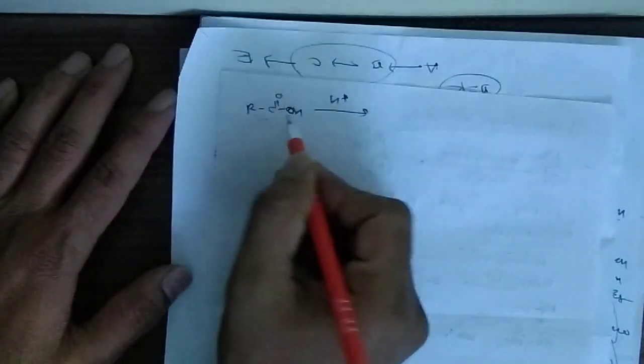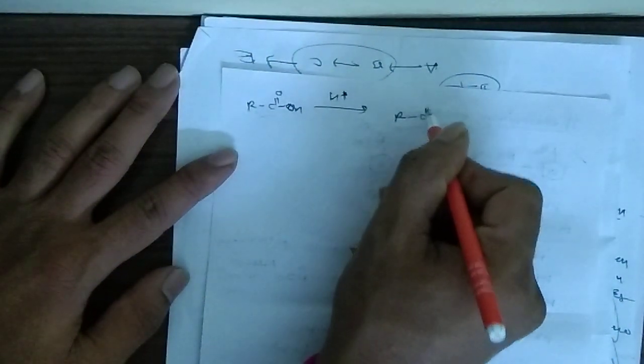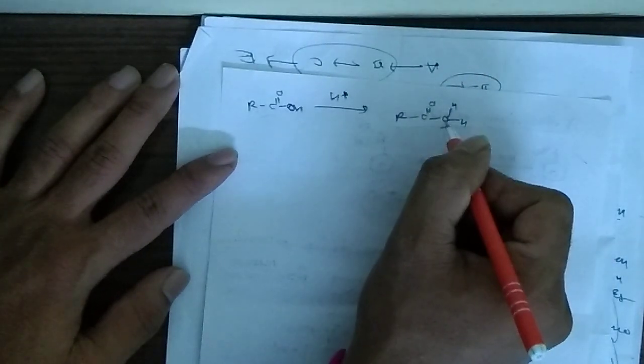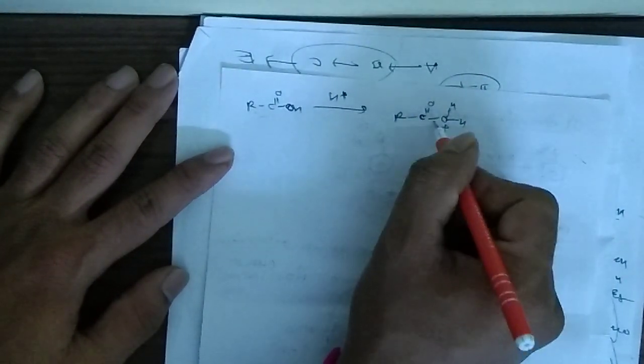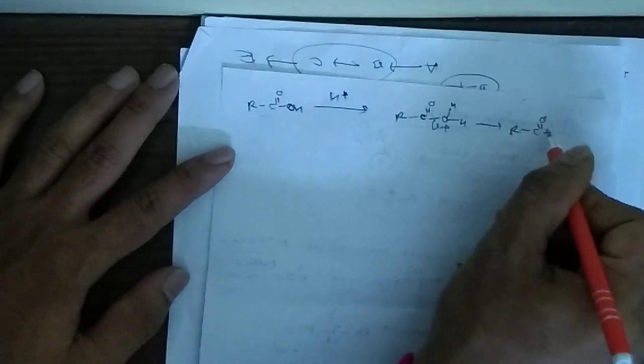So this OH group will be protonated, and H positive charge will come on the oxygen. Now this water becomes a very good leaving group. This water will leave, and this will be one of the intermediates formed in that reaction.